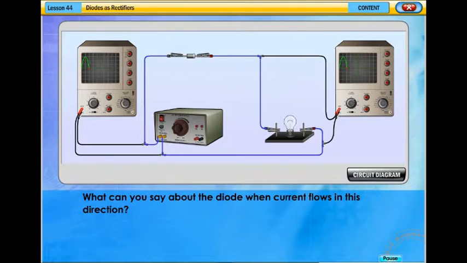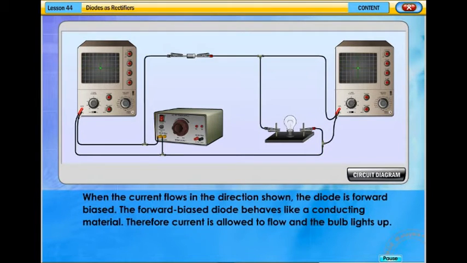What can you say about the diode when current flows in this direction? When the current flows in the direction shown, the diode is forward biased. The forward-biased diode behaves like a conducting material. Therefore, current is allowed to flow and the bulb lights up.